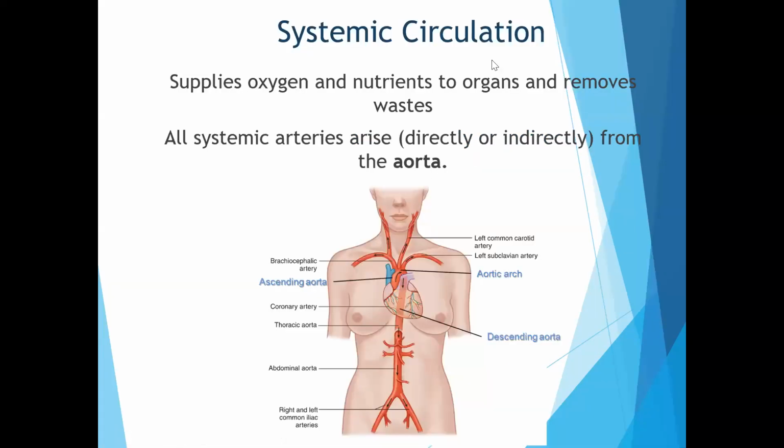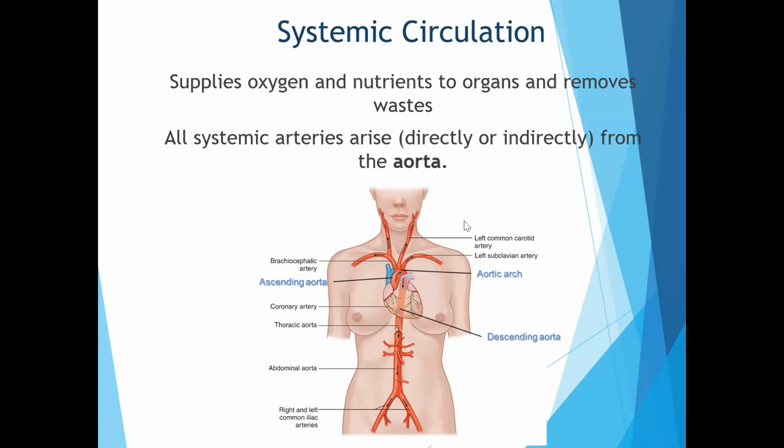Okay, let me get these out of my way here. All right. So the systemic circulation, as we said, the big goal is we need to get oxygen, nutrients, and everything that our cells and tissues need to them, and remove the waste from their metabolic processes.